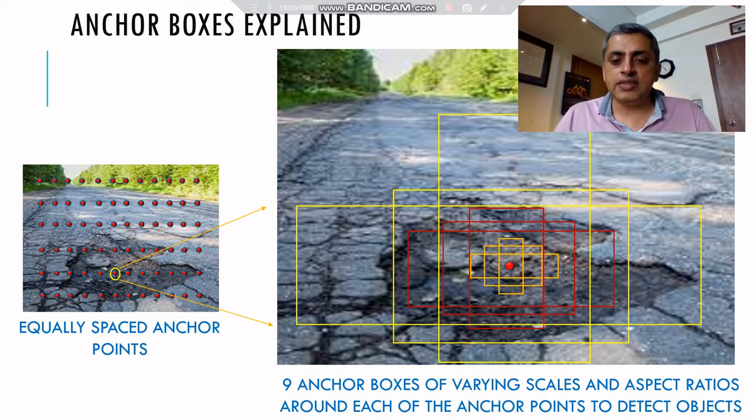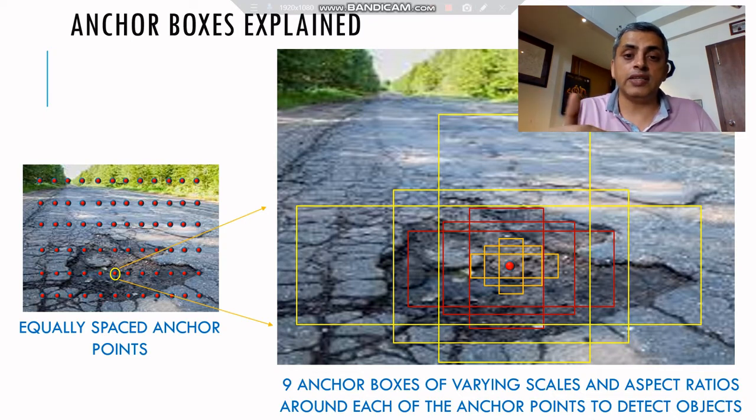When all these things were there with a fixed-size window, it was difficult to localize all three, and that's why these anchor boxes were introduced. In the original paper, there were 9 different anchor boxes like this, of different sizes and different aspect ratios. The basic idea for these anchor boxes was to detect different objects of different sizes and scales within the vicinity of each anchor point.